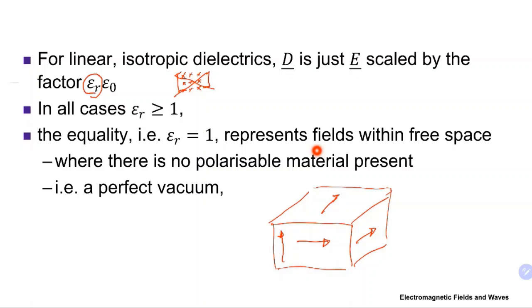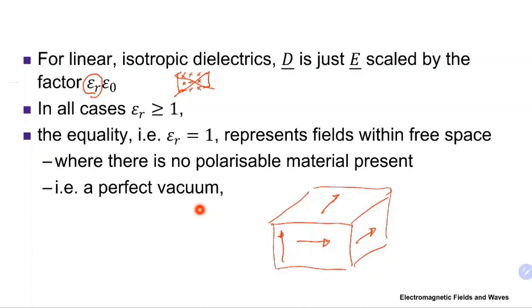So it just scales D by a factor of epsilon r epsilon naught. And for all cases, epsilon r is greater than or equal to 1. For all dielectric materials compared to air, epsilon r is greater than 1, and the equality, meaning epsilon r equals 1, is where we have free space, i.e. a perfect vacuum.